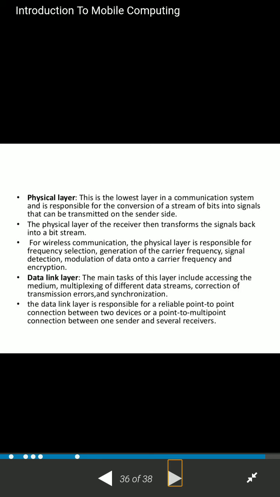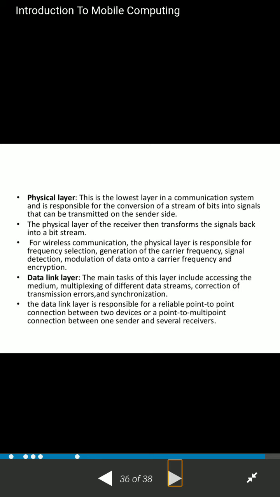On the receiver side, the receiver transforms the incoming signals, which the sender converted from a stream of bits into signals, back into a bit stream. So bits to signals, signals to bit stream, it is converting. Nowadays we are using wireless communication, students, right?